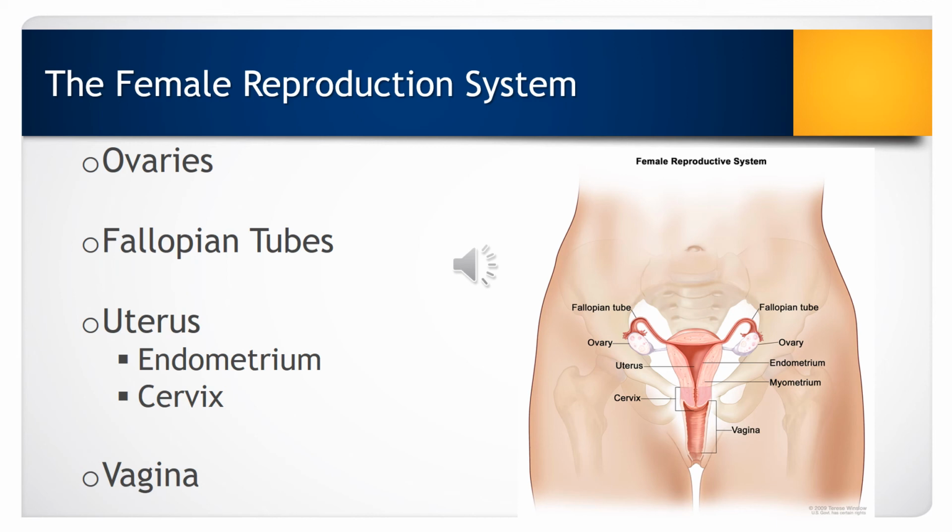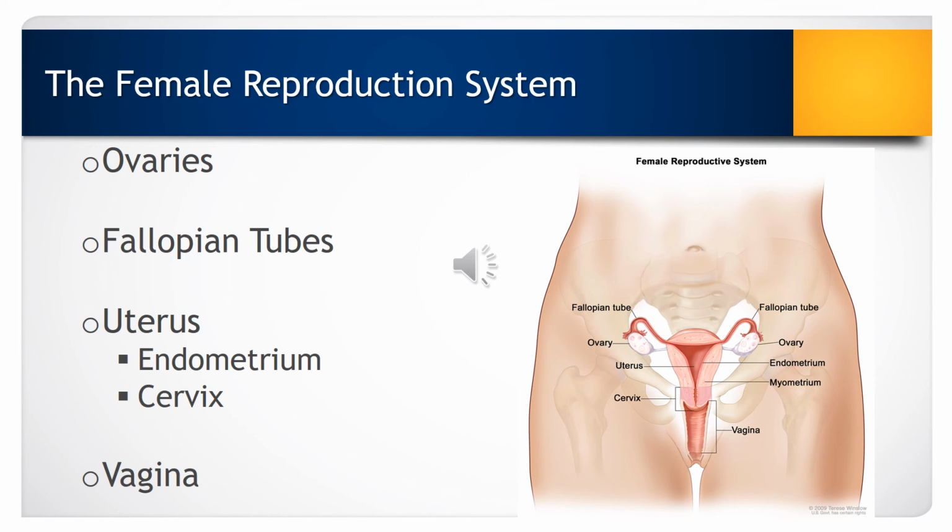Key to remember in the fallopian tubes is usually where fertilization takes place. So the fallopian tube, through peristaltic movement, wave-like movements, takes a fertilized egg or an unfertilized egg into the uterus.